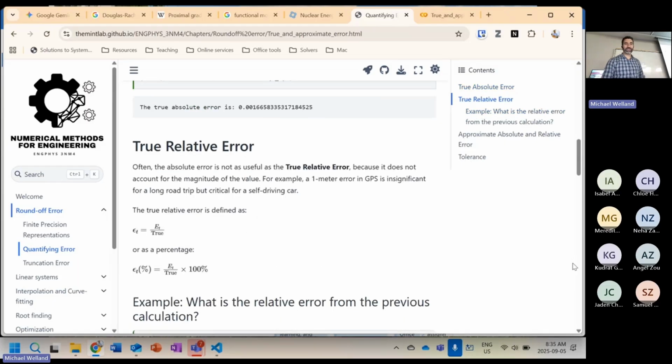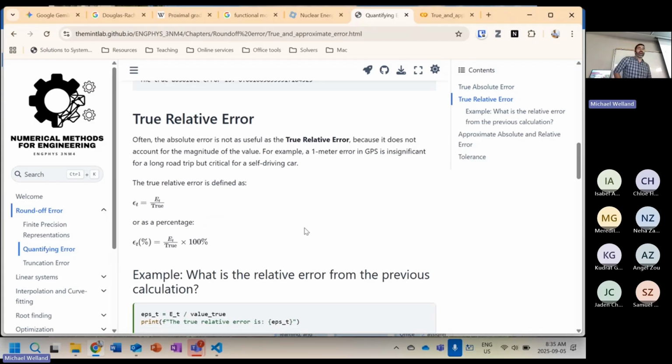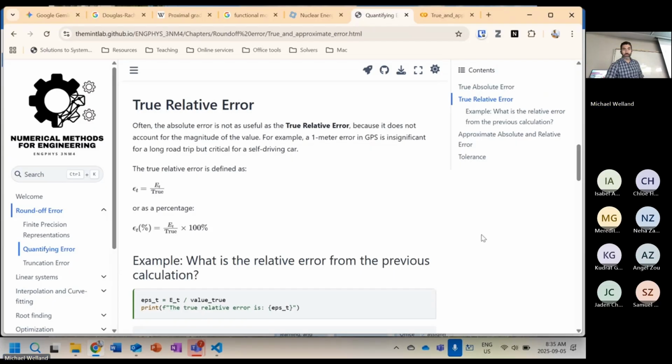Great. Okay, true relative error. Oftentimes, the absolute error is not as useful as the relative error. The relative error just means literally the true error over the actual value. A good example for that one is in a GPS. Because if you were looking at a GPS trip from here to Ottawa, it's about 500 kilometers.